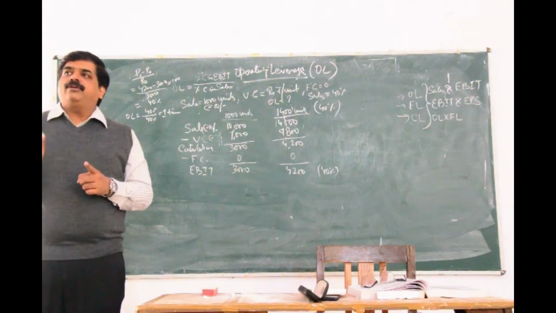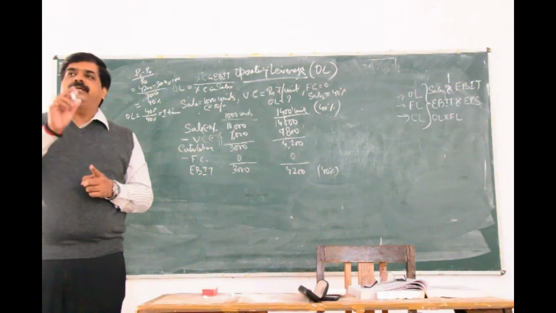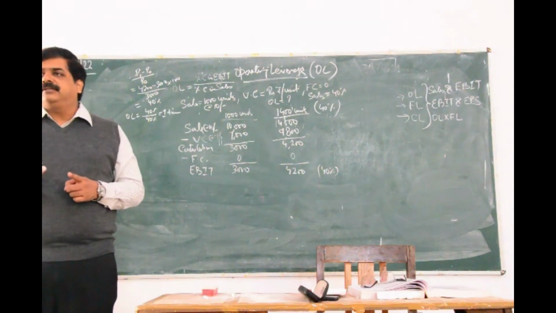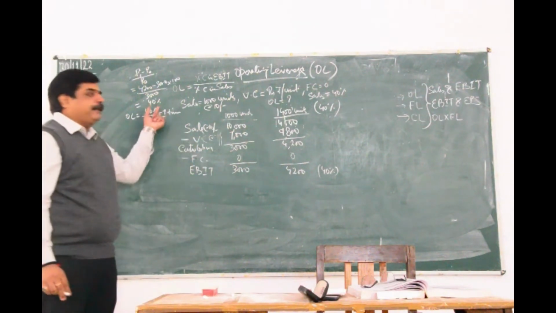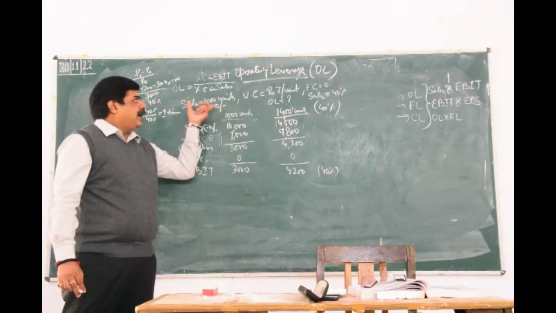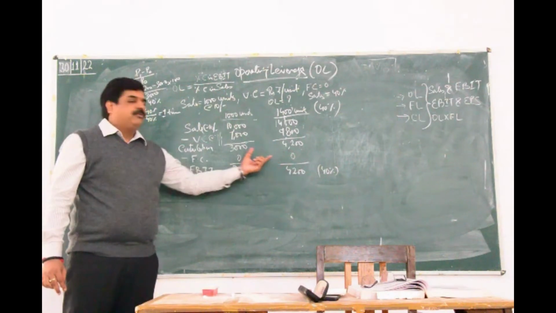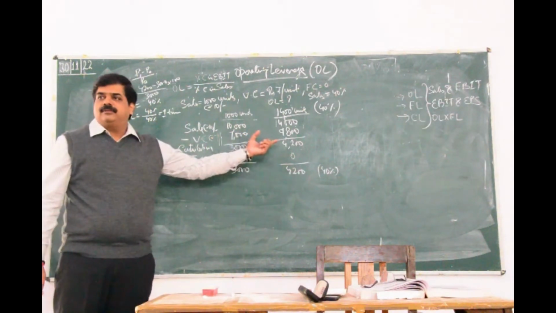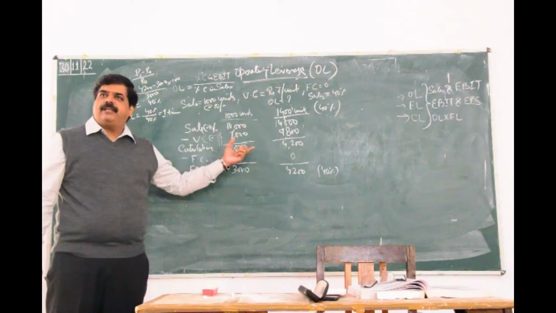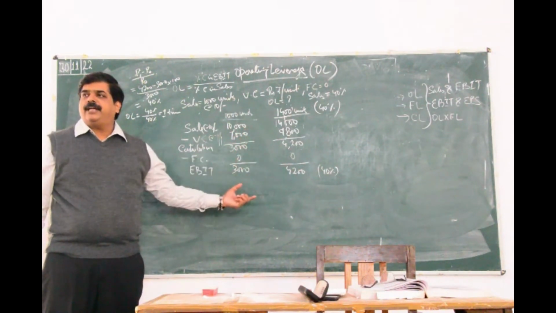That means 1 rupee increase in sale will lead to 1 rupee increase in EBIT. That means direct proportion is there, because fixed cost is not playing any role, variable cost is playing the role. As variable cost increases, our sale increases, and our EBIT also increases.